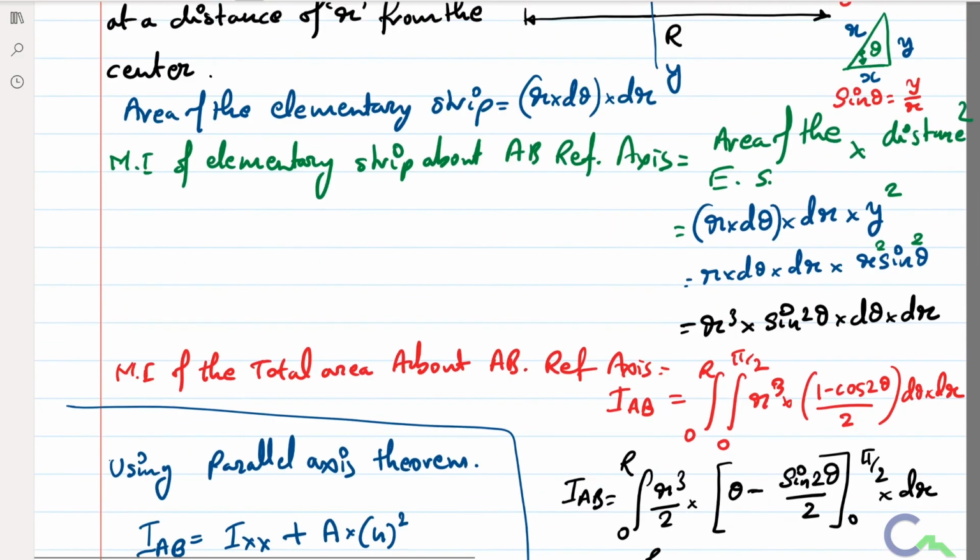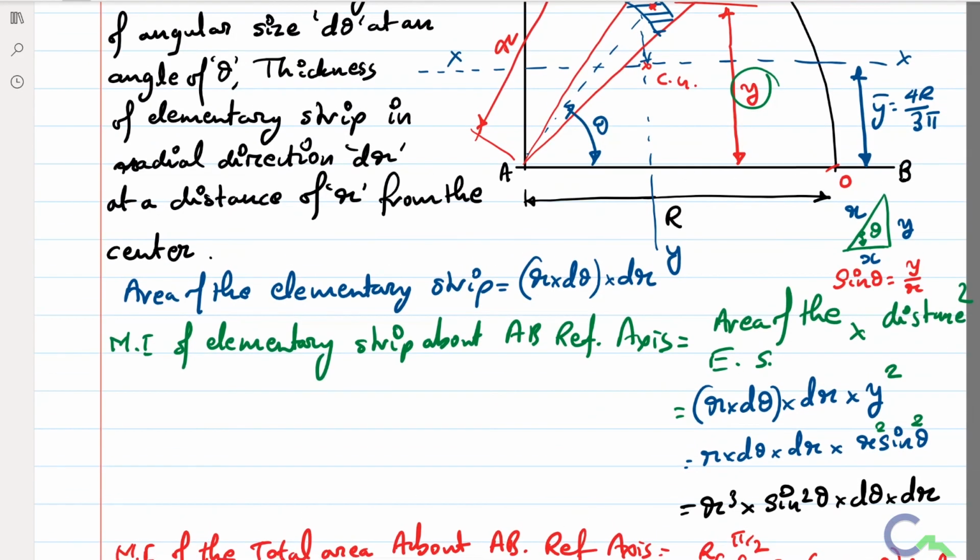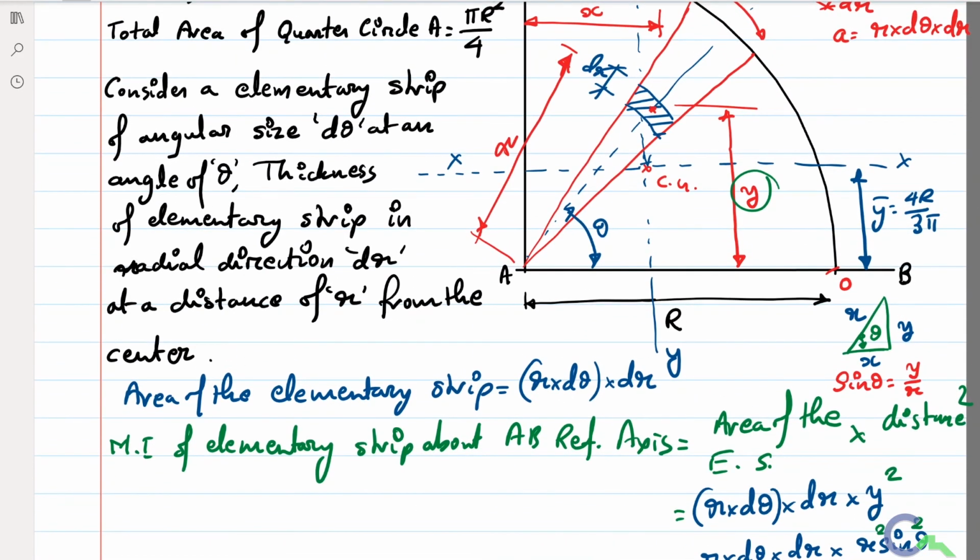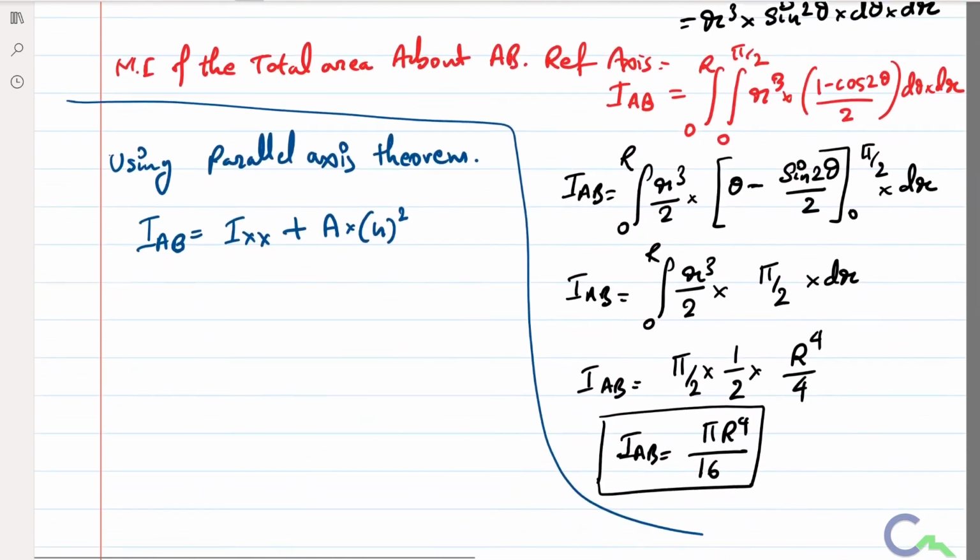Here h is the distance between the reference axis and centroidal axis, that is nothing but y bar, therefore 4r by 3 pi.